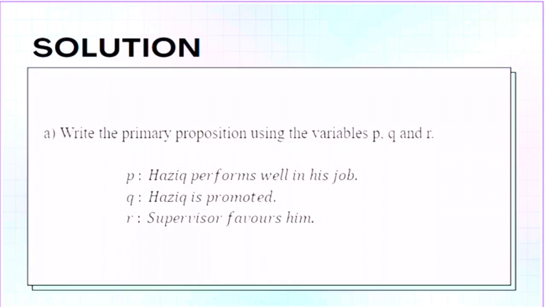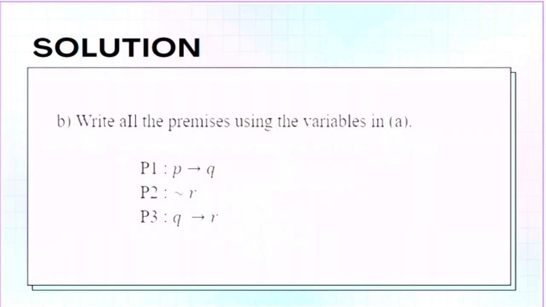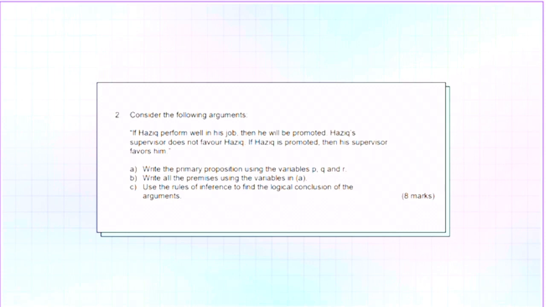Next, we are going to jump into question B, which is to write all the premises using the variables in A. What we need to do is refer back to A and also refer back to the statements given. So how do we know all the premises? Actually, it's quite simple.